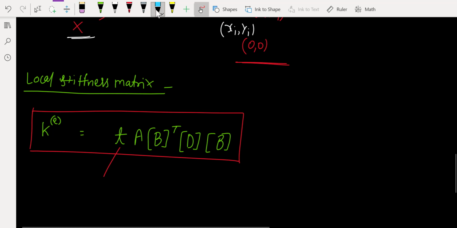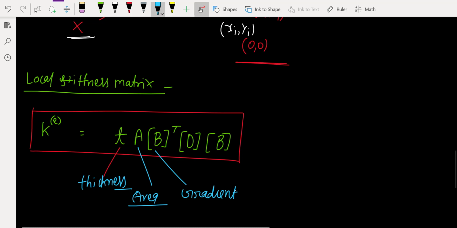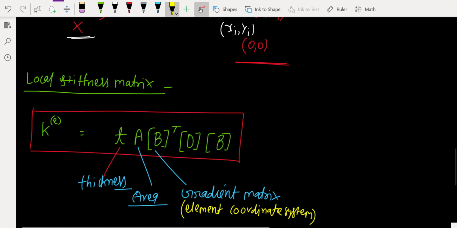Here T means thickness of the plate, A is area, B is known as the gradient matrix, and this gradient matrix is a function of the element coordinate system.